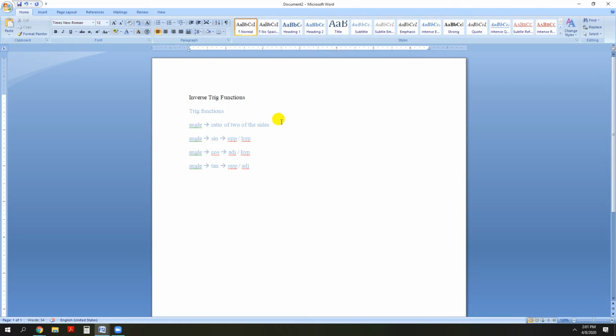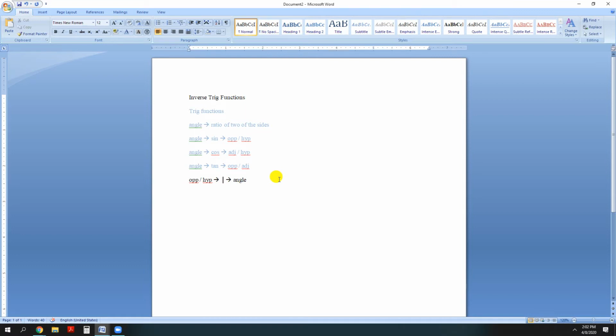Now, I'm going to write the opposite over the hypotenuse. And then we want that to go to something that's going to change that into the angle. Well, looking back up here, we see that sine takes it from the angle to the opposite over the hypotenuse. So we're going to use inverse sine.